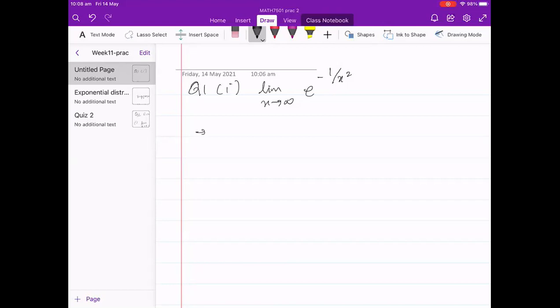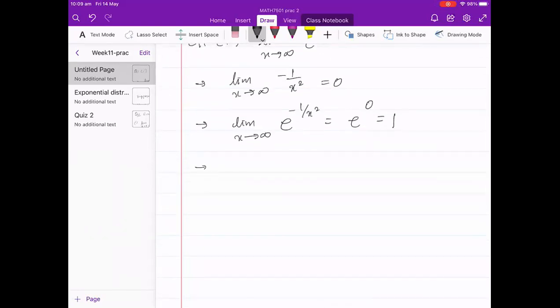The first thing you should notice is, what is the limit as x tends to infinity of minus 1 over x squared? This should be equal to 0. Then the limit as x tends to infinity of e to the power minus 1 over x squared would be e to the power 0, which is 1.